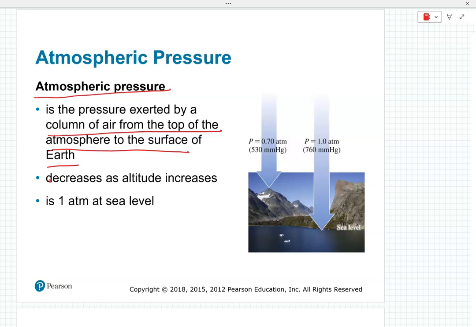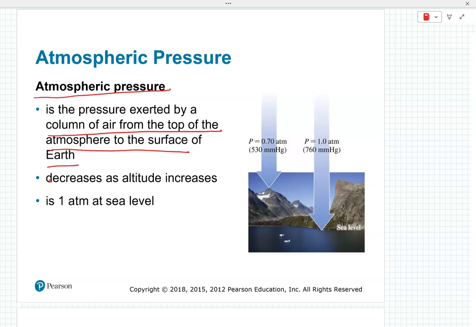Clear? Now think about this. Let's say the top of the atmosphere is 20 kilometers away, right? So from me here in Ohio, give or take, we're actually a little elevated, to that end of the atmosphere is 20 kilometers. Now I go to Denver, start hiking in a forest.